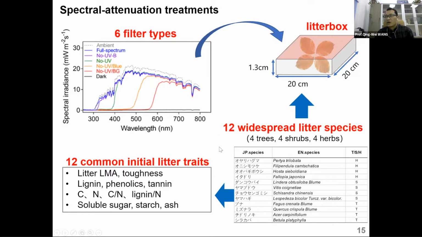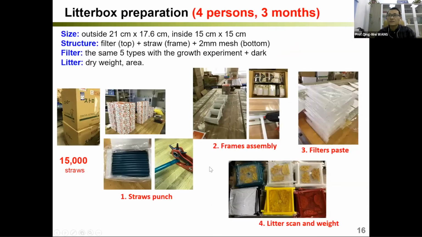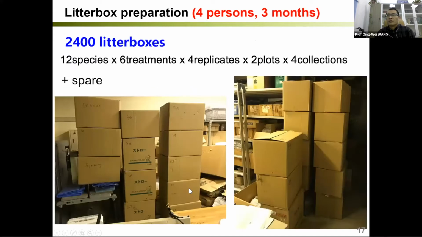We selected 12 widespread litter species and determined 12 common initial litter traits. This is the litter box preparation process. Finally, we made 2,400 litter boxes in total.